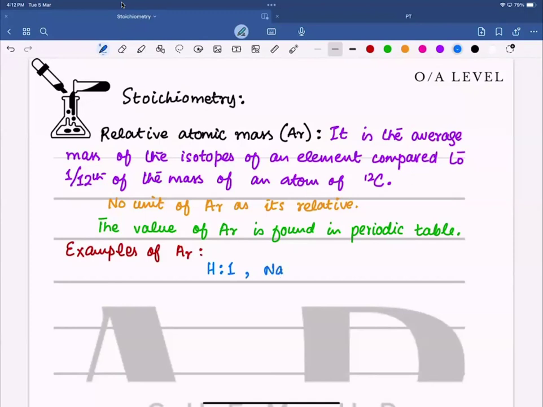Sodium, its relative atomic mass is 23. Carbon, its relative atomic mass is 12. Oxygen, its relative atomic mass is 16. Nitrogen, its relative atomic mass is 14. Chlorine, its relative atomic mass is 35.5. Etc.